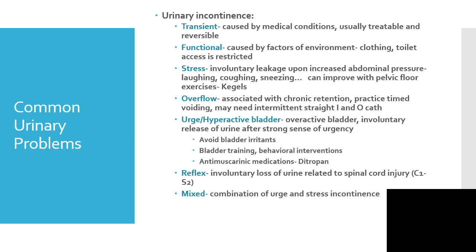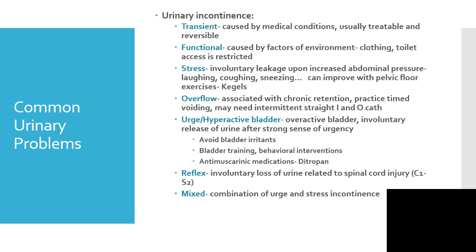So it's important to avoid bladder irritants, like caffeine, carbonated beverages, even artificial sweeteners. You can do bladder training to help strengthen those muscles. Again, keeping routine times that we're going to try and go to the bathroom.